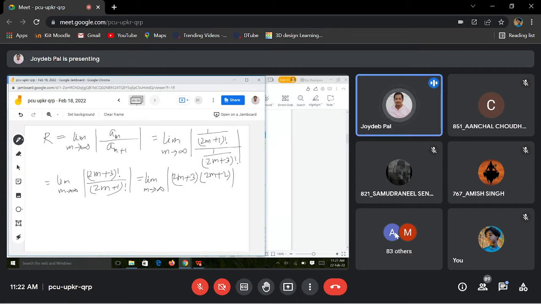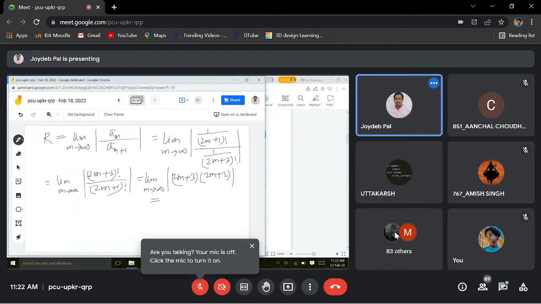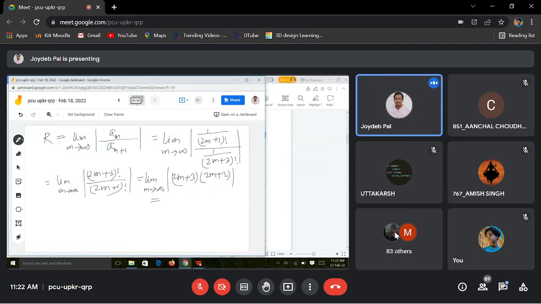Now see, here m tends to infinity and it is becoming a polynomial. But a polynomial also tends to infinity. Sir, divide by m square. Whatever you do, the limiting value will be infinity, because there is no numerator and denominator part, only a single term.